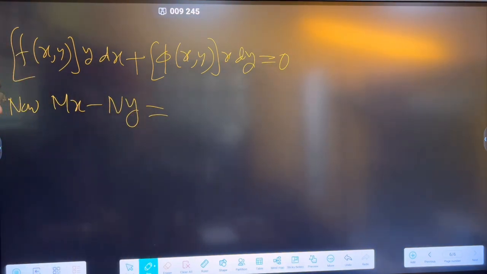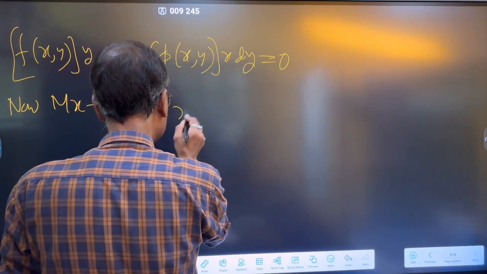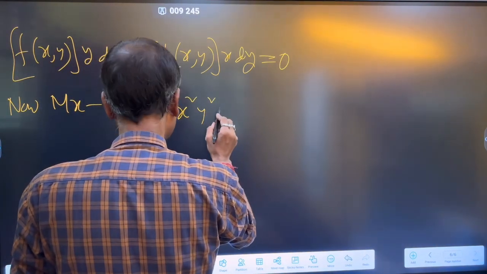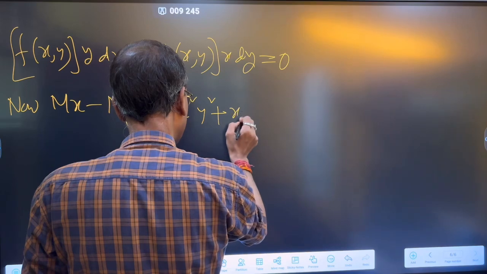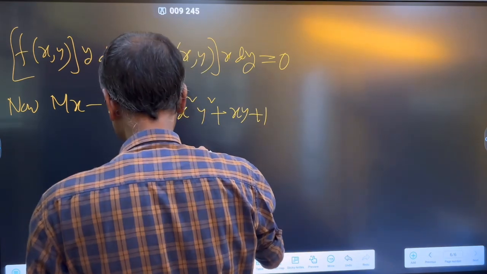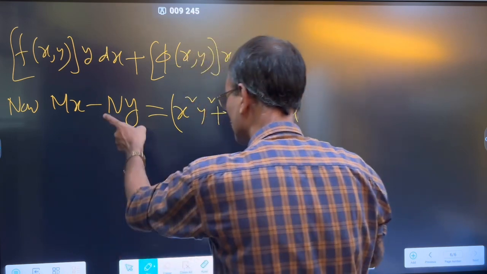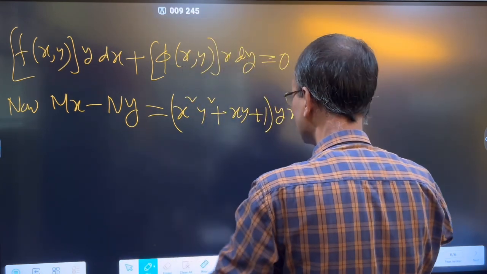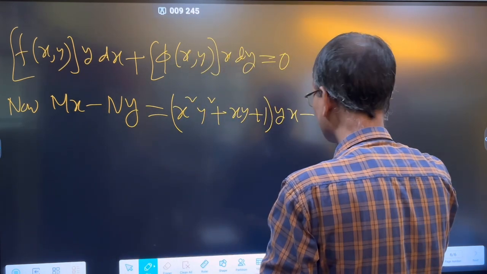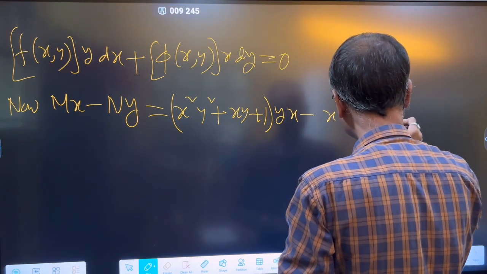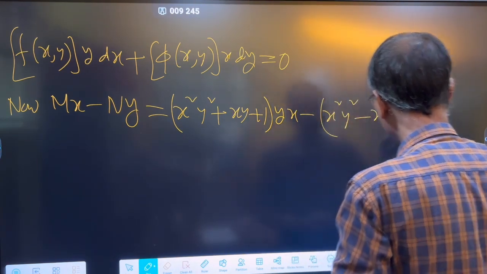This is equal to, what is m? (x square y square plus xy plus 1) into y, x also, minus (x square y square minus xy plus 1) into x.